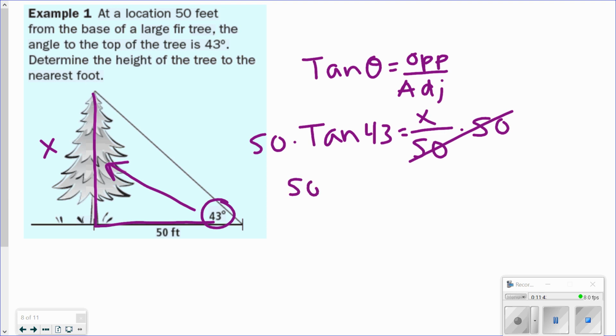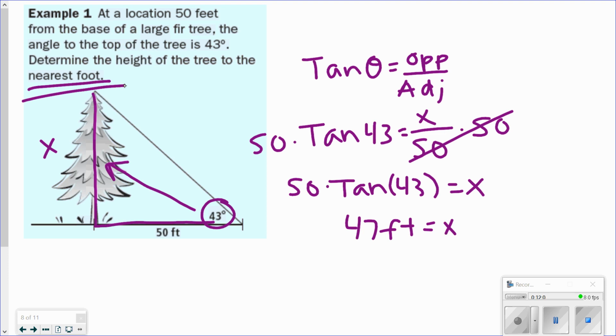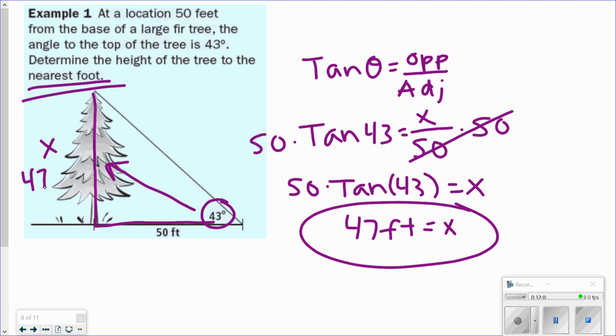So 50 times tangent of 43 is equal to x. Plug this right into your calculator, and when you do, you will get approximately 47 feet. That's equal to x, and it did ask us to round to the nearest foot. So 47 feet is the height of this tree.